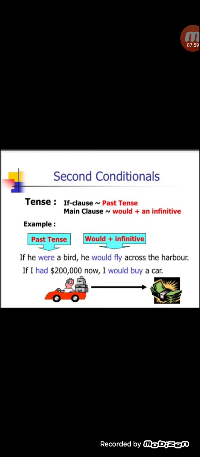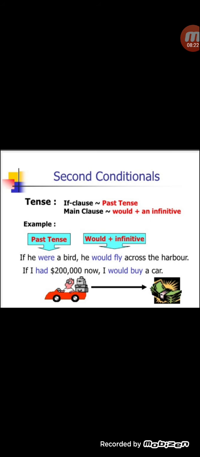And next one is second conditional sentences. Here the tenses of the second conditional are: the if clause should be in past tense and the main clause should be in would plus an infinitive. In the main clause we can see would plus an infinitive.